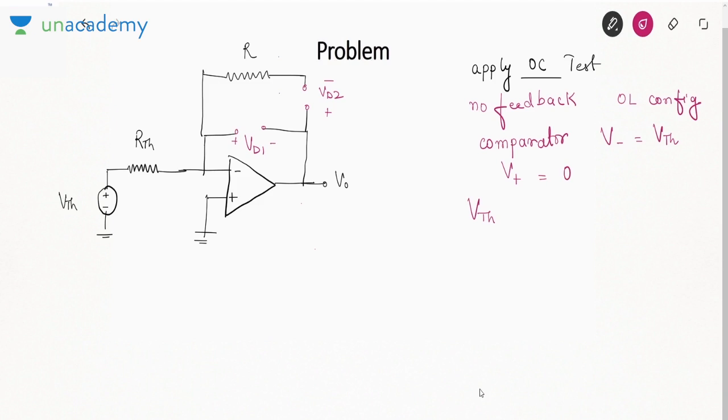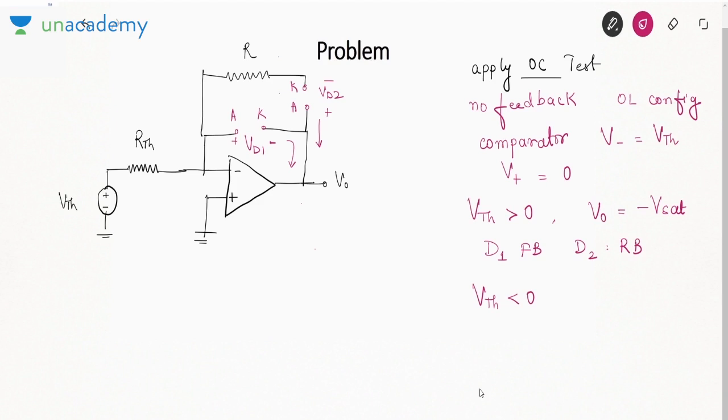If VTH is greater than 0, that is, the negative terminal voltage is higher, then V0 will be minus Vsat. If V0 is minus Vsat, the negative terminal is connected to negative voltage. So D1 will be forward bias, or you can say if the cathode is connected to negative voltage, the diode will be forward bias, and if the anode is connected to negative voltage, the diode will be reverse bias.